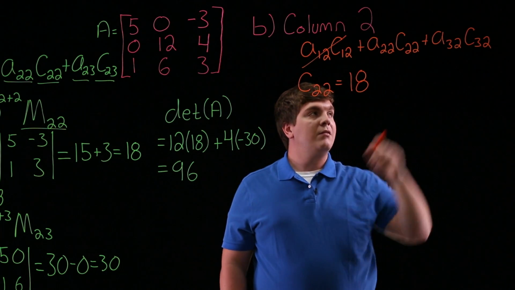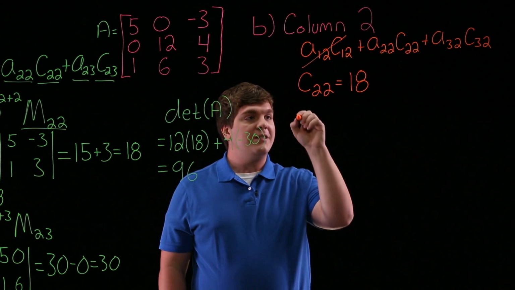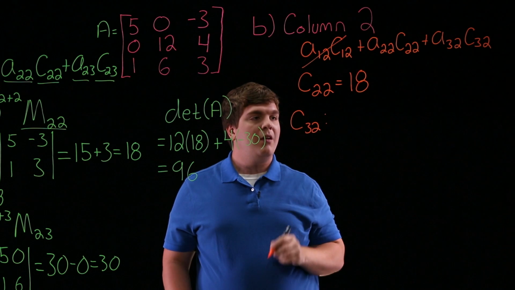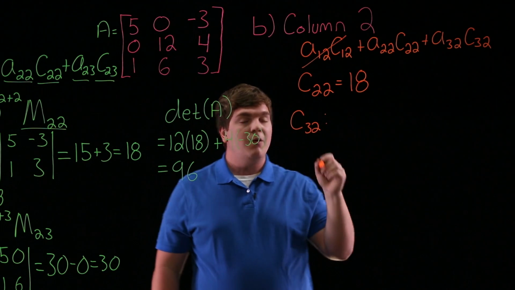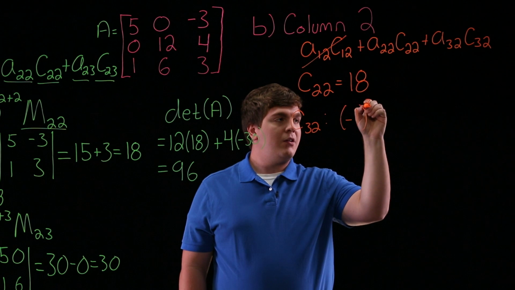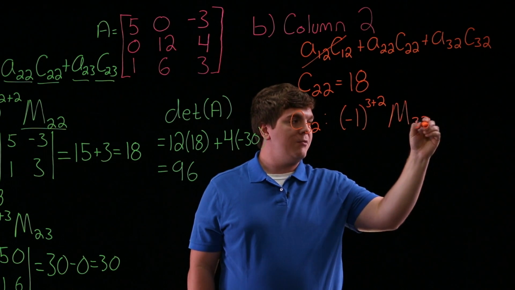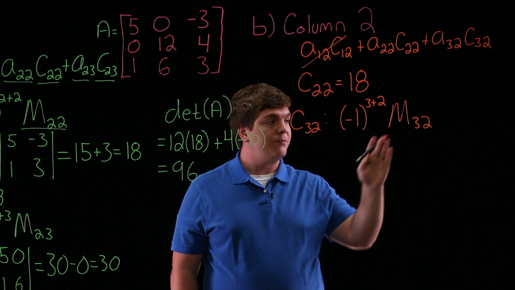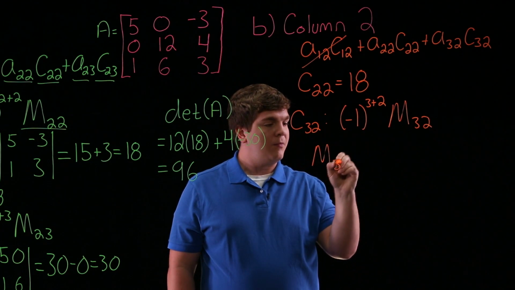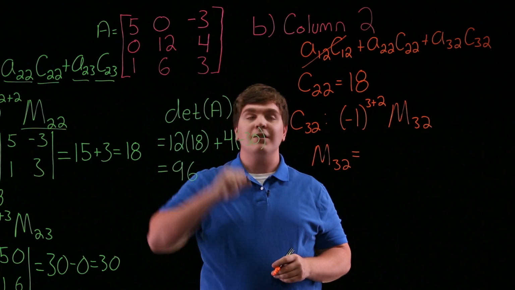And all that's left for us is to find C32. So let's go ahead and find C32. So C32 we know is equal to -1 to the 3 plus 2 times the minor M32. And in order to find M32, we'll go back to our original matrix.